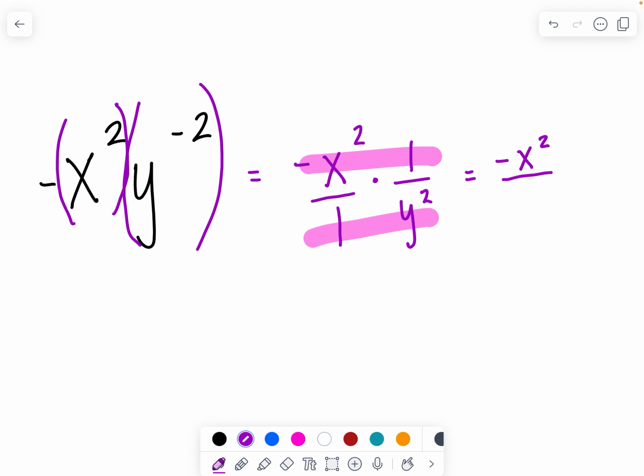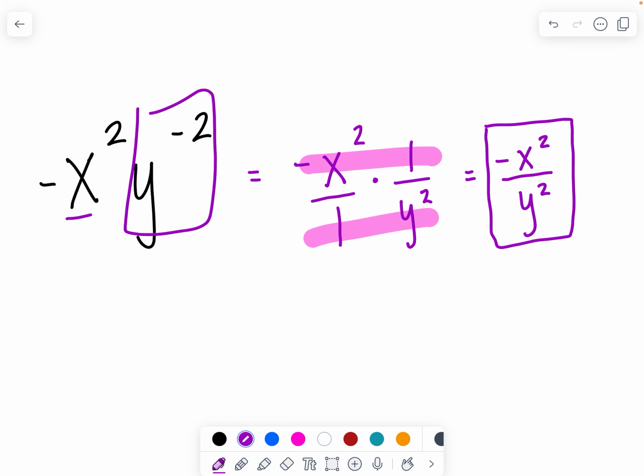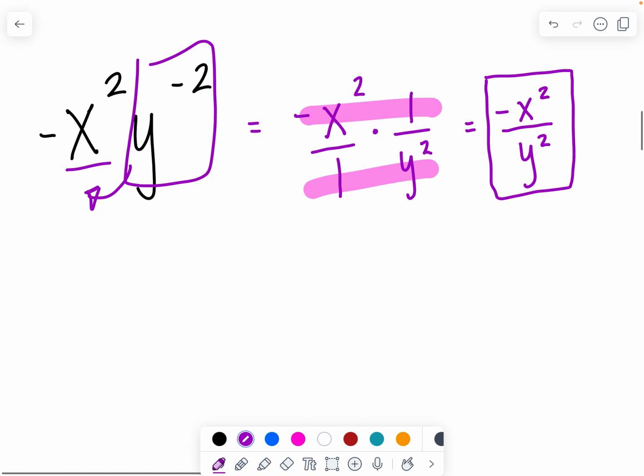And 1 times y squared is y squared. And that is our answer. So you can see, let me erase these here, that this just ends up moving to the bottom. Okay.